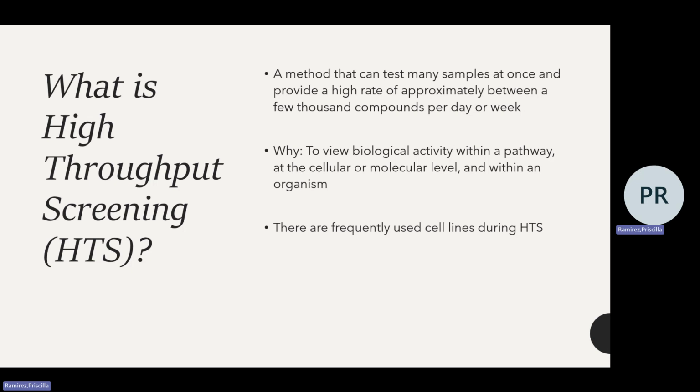It can be a way of analysis for us to see the effect that certain drugs have on cells. And so cell lines are frequently used during high throughput screening.